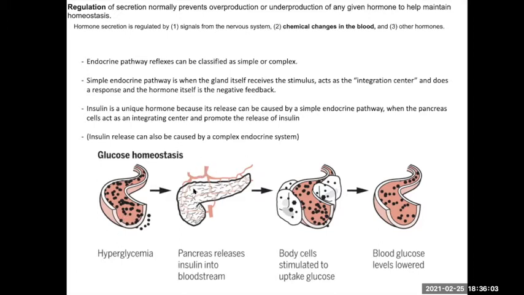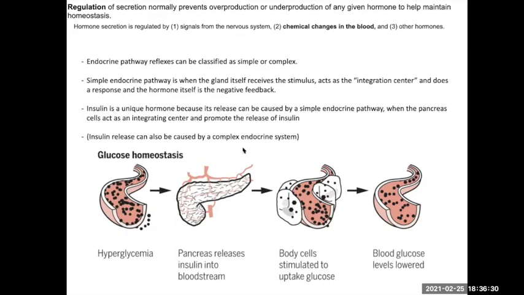The receptors are on the endocrine glands themselves. The integration center is the control center themselves, and they do the response. And this will go on to affect target cells in a widespread way. And the return to normal glucose levels will stop the insulin secretion.